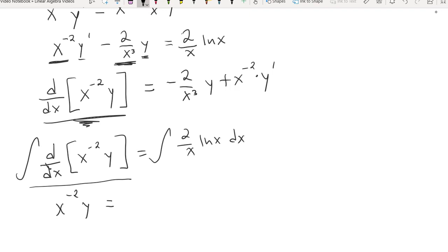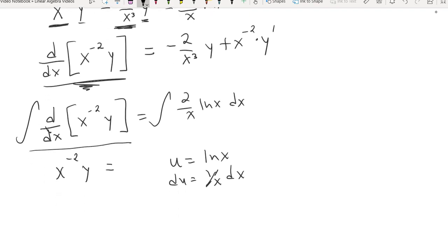And then this is going to now equal, we'll use a u substitution, so we're going to let u equal ln of x, and we'll have du equal, excuse me, not 2 over x dx, but just 1 over x dx. So this is then going to give me 2 times the integral of u du, which is equal to 2 times 1/2 u squared plus c.